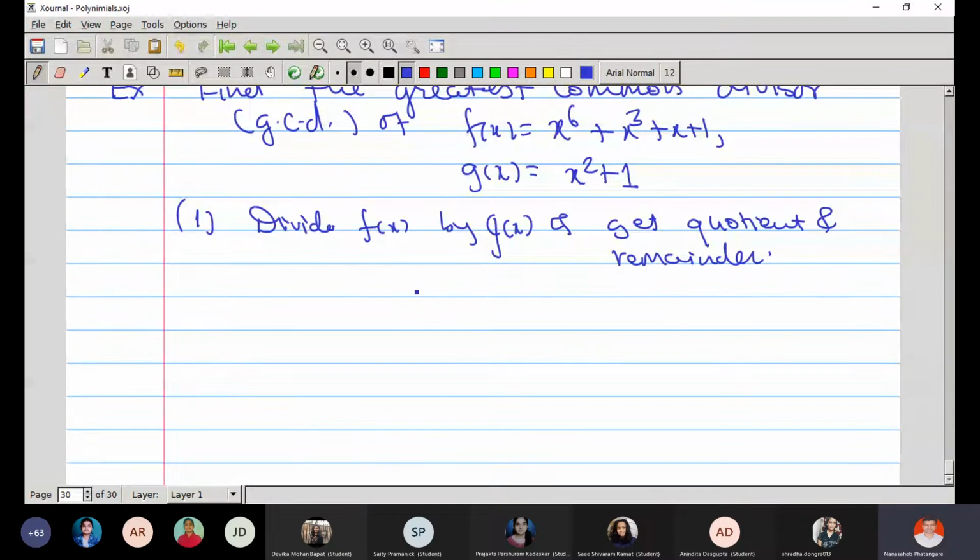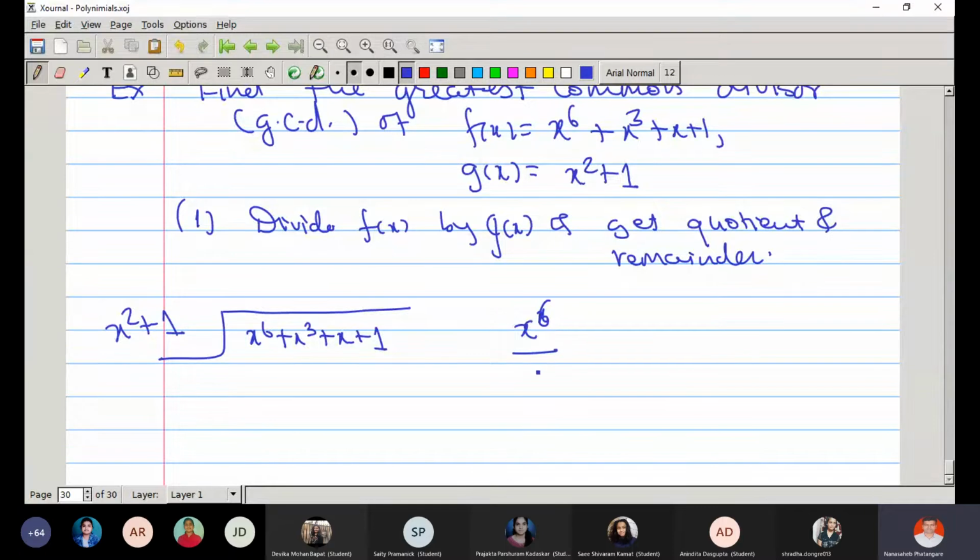So f(x) is x raised to 6 plus x cube plus x plus 1, and x square plus 1. All of you know this division, synthetic division, correct? Divide the largest degree term of f(x), x raised to 6, by the largest degree term of g(x), which is x square.